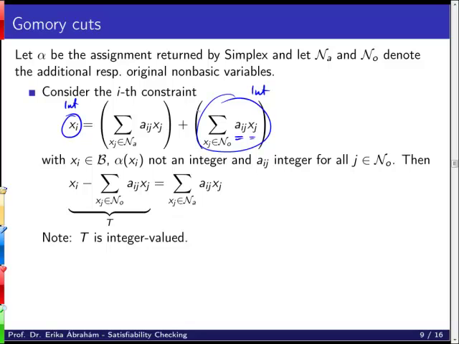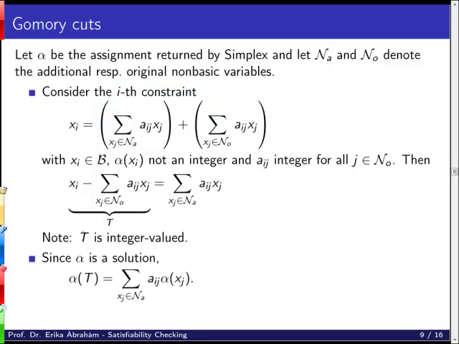So what I do is I move this to the left-hand side, and I get xi minus this sum equals the sum over the additional variables, and I just denote this term by t. And t should be integer valued. Currently it is not under the current assignment, but this is our goal.